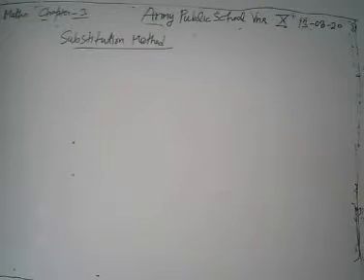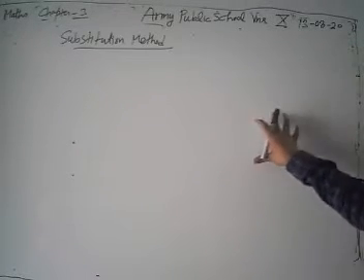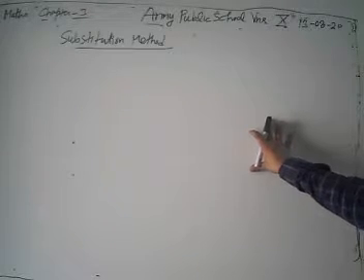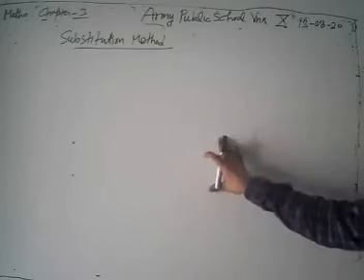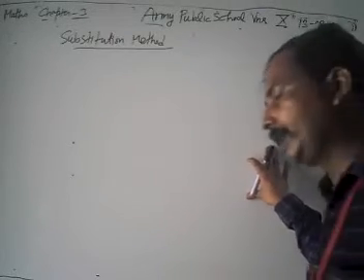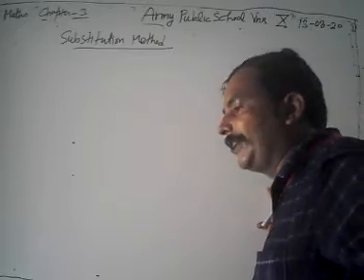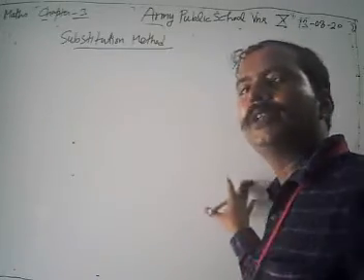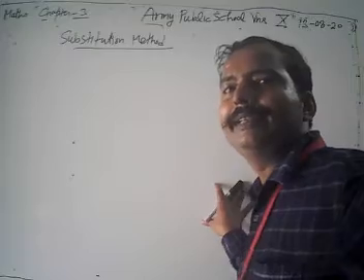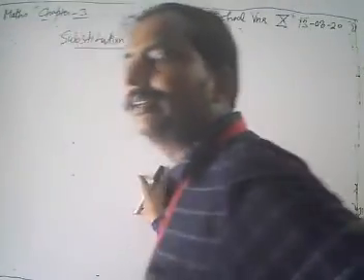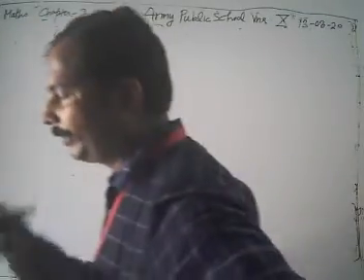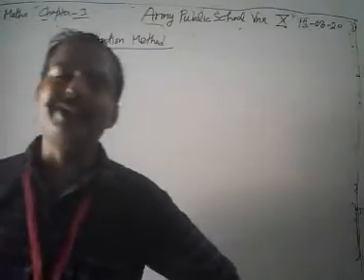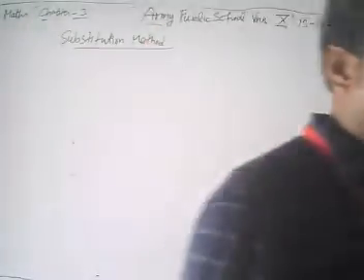So the steps are: first, express y in terms of x. Second, put the value of y in the second equation. Third, solve and get the value of one variable. After that, we find our second variable's value.